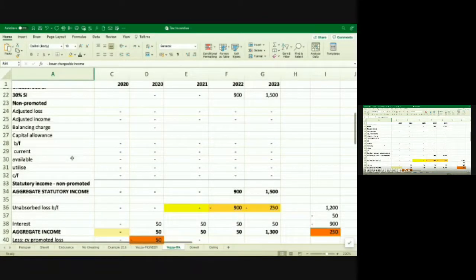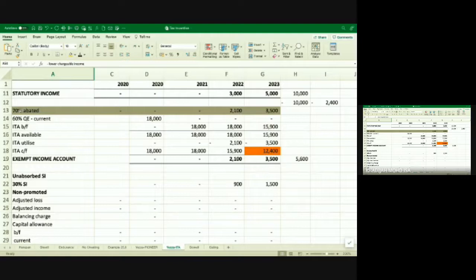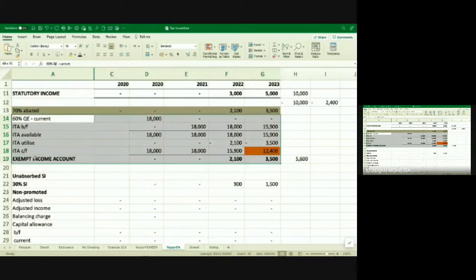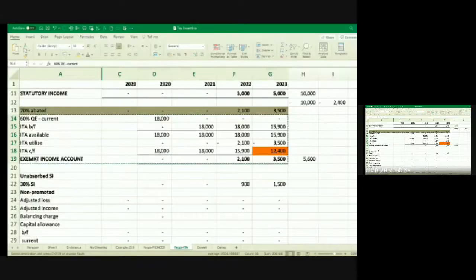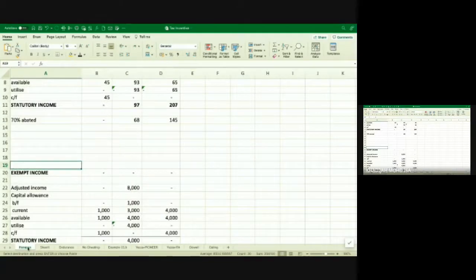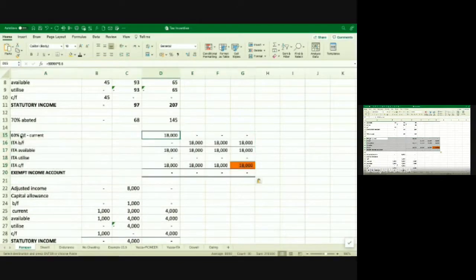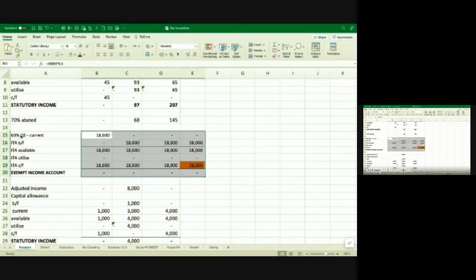Is it the one? Right, so let's take this. Was there any abated earlier? Cut and paste here. Right, don't want to delete.